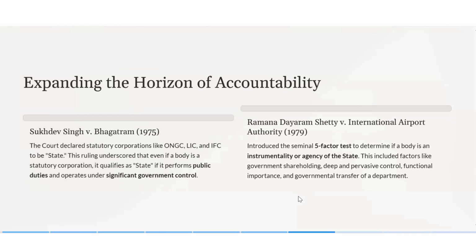We come across another case, Ramana Dayaram Shetty versus International Airport Authority in 1979, which introduced the seminal five-factor test to determine whether a body is an instrumentality or agency of the state. This included factors like government shareholding, deep and pervasive control, functional importance, and governmental transfer of a department.